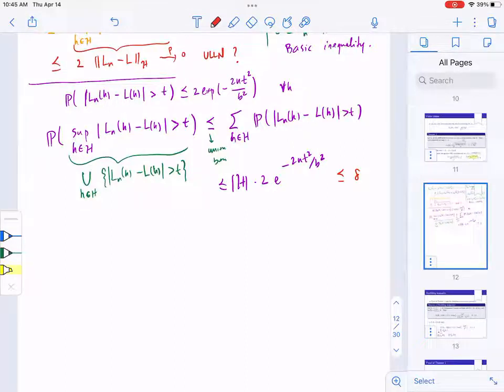Which means that 2|H| over delta has to be less than e to the 2nt squared over b squared. Take the log, get log of 2|H| over delta, and then move b to the other side, less than or equal to t squared times 2n over b squared.